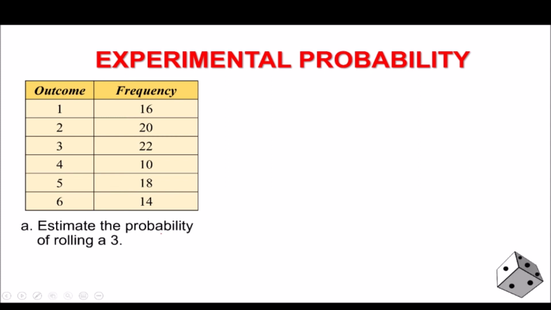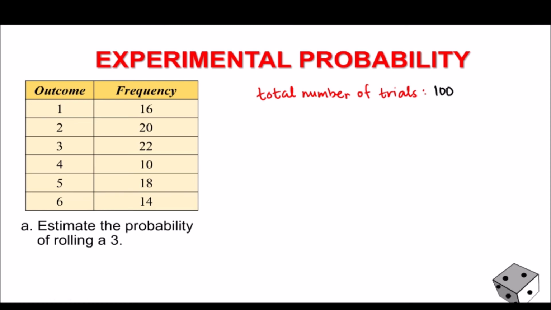Based on the frequency table, the total number of trials is 100, and the frequency of occurring three is 22 times.